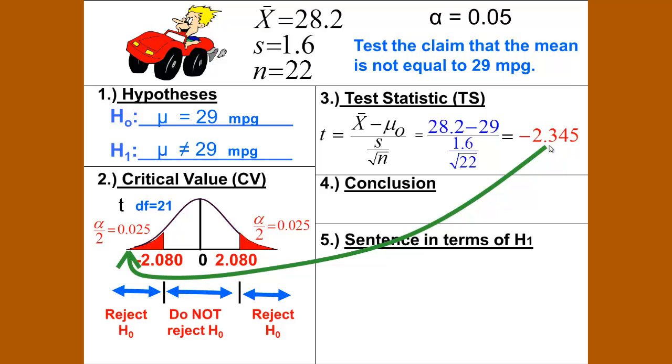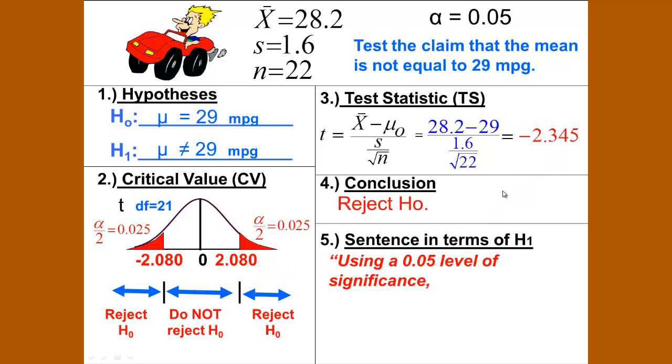That means it's unusual. It would be unusual to get a set of 22 cars with a sample mean of 28.2 miles per gallon if H0, the mean of 29 miles per gallon, was true. And since that is unusual, we will reject H0. So we're rejecting H0.